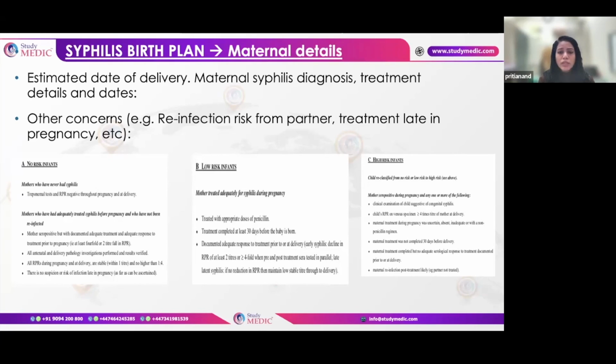Babies whose mother has been treated adequately for syphilis during pregnancy, with appropriate doses, completed the treatment at least 30 days before the baby was born, and whose titers are also very low, are low risk. High risk is anything which is not no risk or low risk.